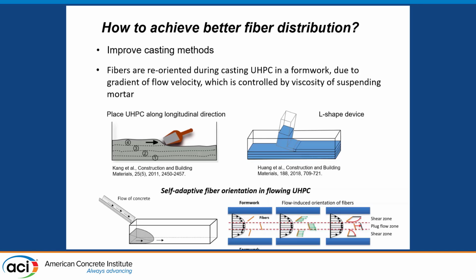To do that, we will need to control the rheology. Basically, we want to minimize the yield stress of the mixtures or the suspending mortar to minimize the plug flow zone, and we want to optimize the viscosity to have a thicker shear zone.